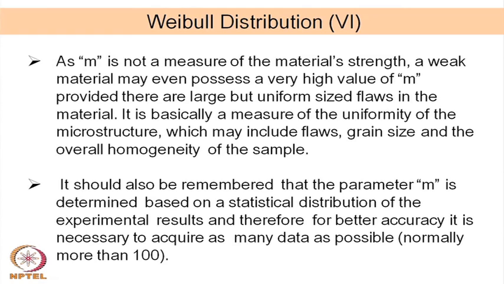It should also be remembered that the parameter m is determined based on a statistical distribution of the experimental results, and therefore, for better accuracy it is necessary to acquire as much data as possible. I mean, the normal suggested figure is more than 100. So, if you really want to measure the accurate property, particularly the mechanical property of a ceramic material, the number of measurements must be very large.